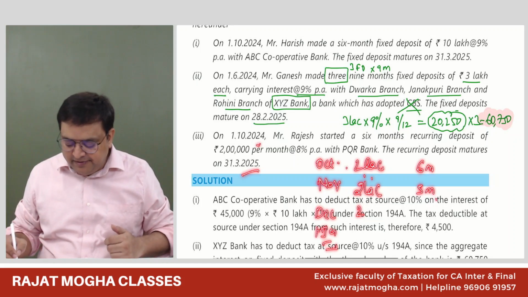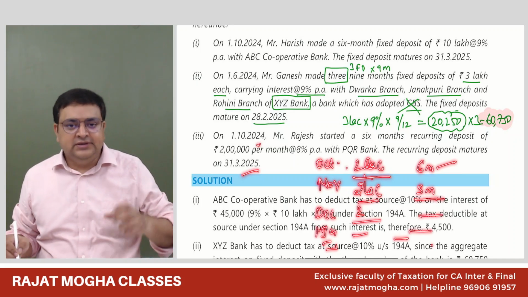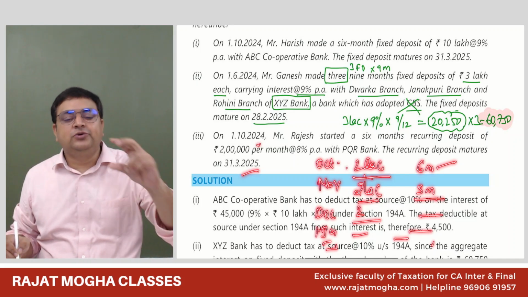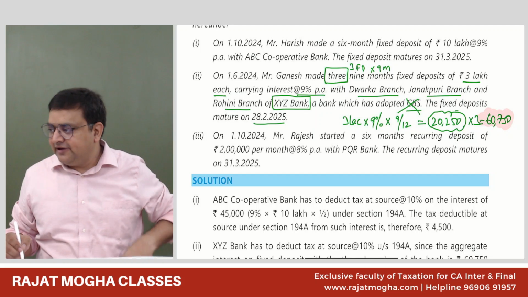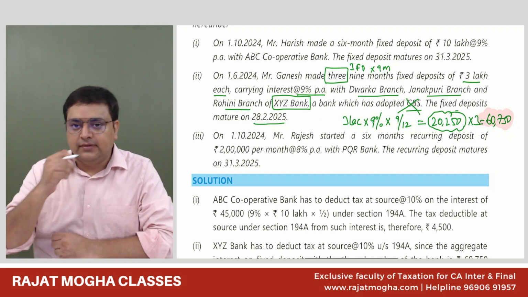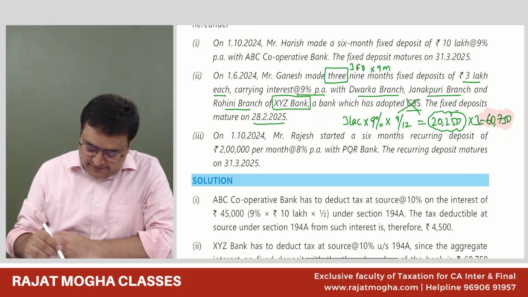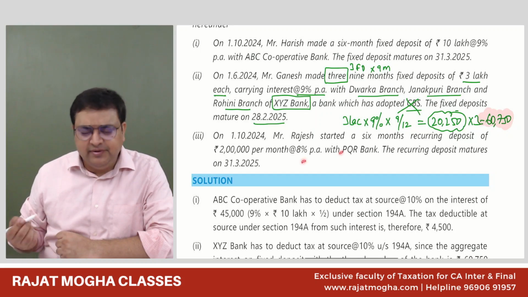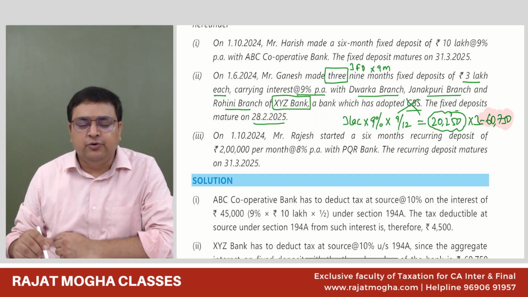This 2 lakh for 6 months, this for 5 months, this for 4 months, this for 3, 2, 1, and so on. Then you have to calculate the total interest the bank is giving. Everybody getting it? Should I explain again? Got it, sir. Very good. I believe it will be more than 40,000, but let us calculate whether it is more than 40,000 or not.